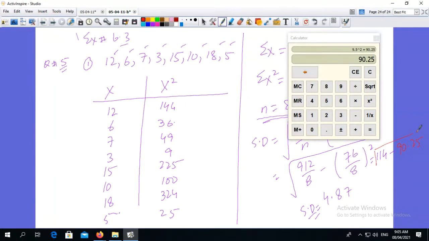Now we take the square root of 114 minus 90.25, and we get 23.75, and the square root of it is 4.87. This is our answer. That's enough for today.